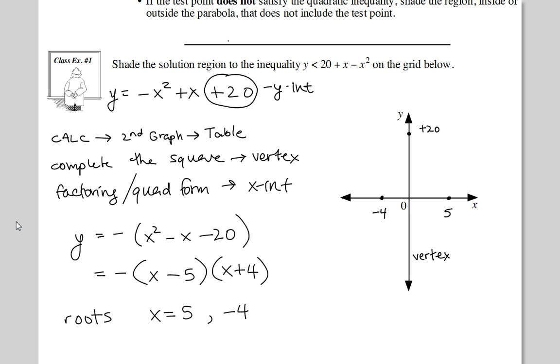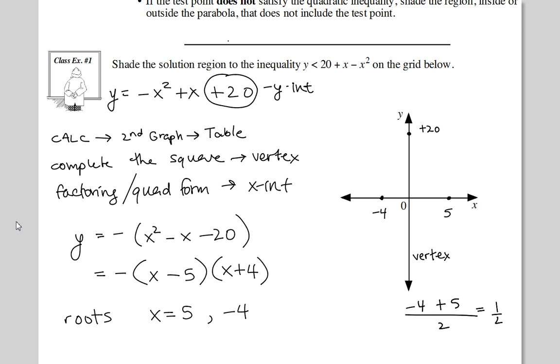Here? Here? Why? The vertex has to be in the middle of the two intercepts. So what's the middle of negative 4 and positive 5? Negative 4 plus 5, cut that in half to get an average. What do you get?